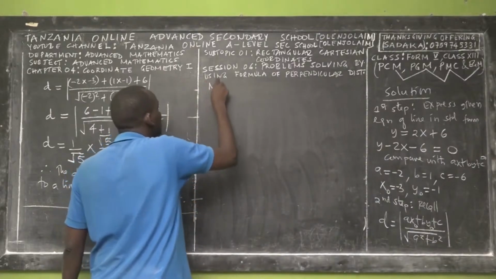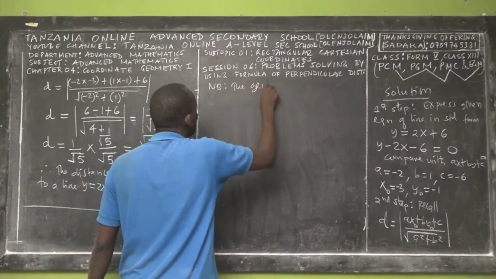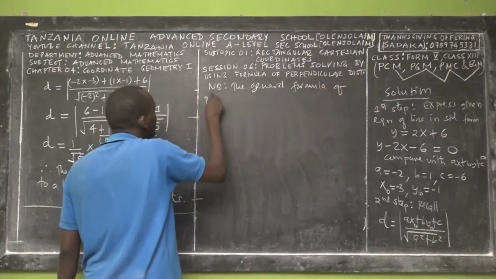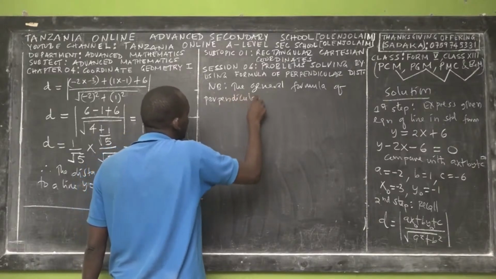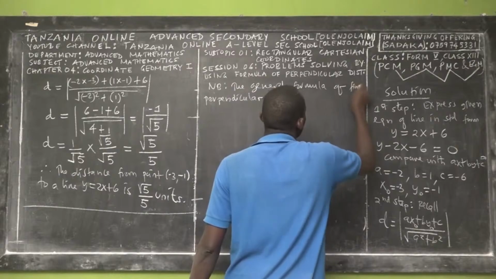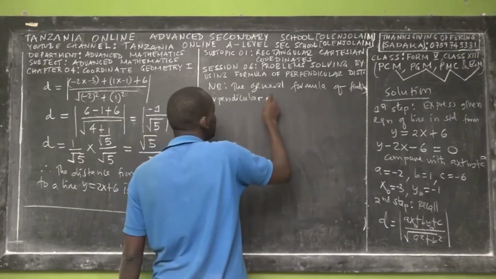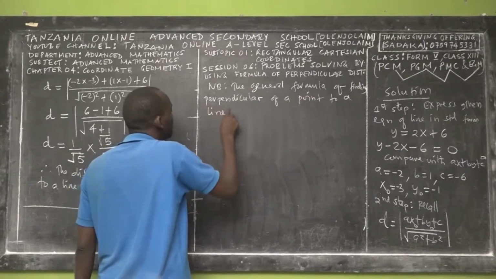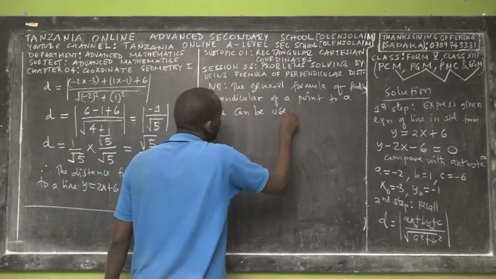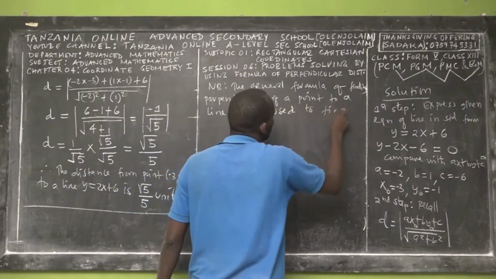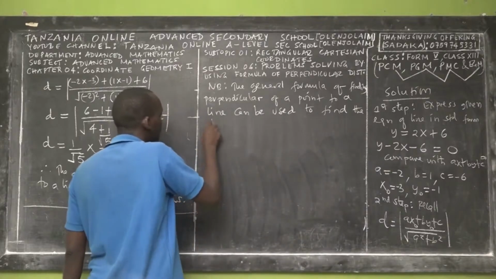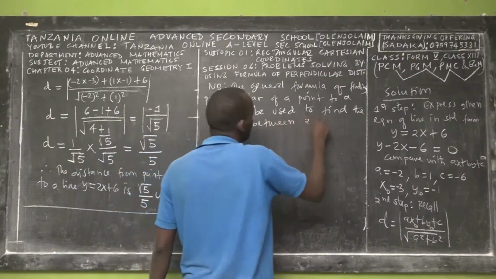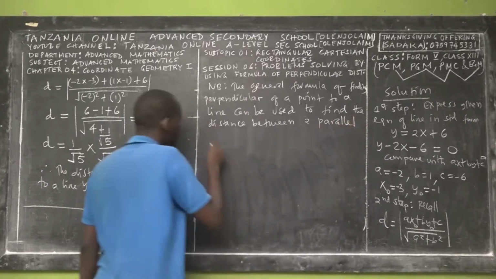Note the general formula of perpendicular distance, of finding perpendicular distance of a point to a line, can be used to find the distance between two parallel lines.